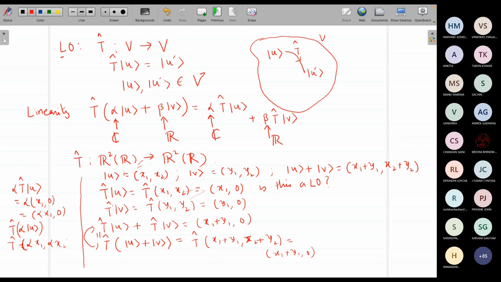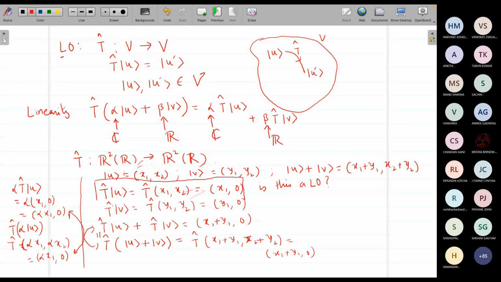The result will be (alpha x1, 0). Now compare the two and you will see that this is also true. So both additivity and homogeneity conditions are met, and hence this particular operator qualifies to be a linear operator.